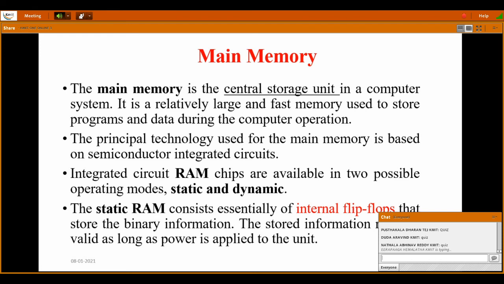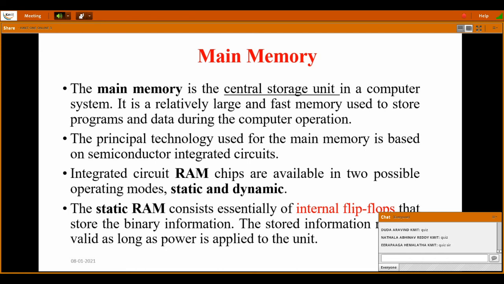Everyone knows the advantages of DRAM. One is that the storage capacity is very high. It reduces the power consumption with a lesser amount of power.